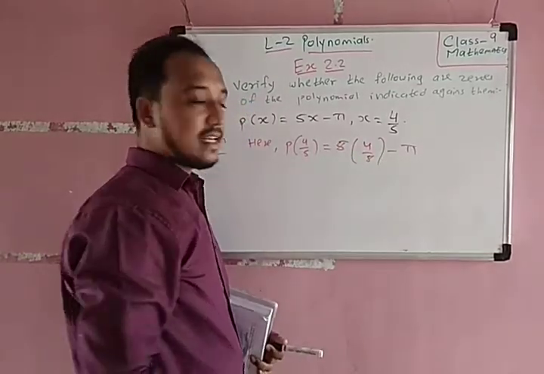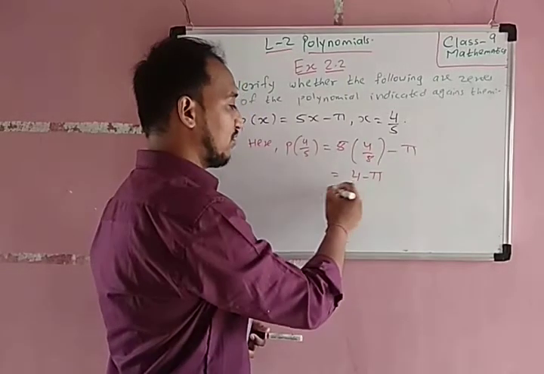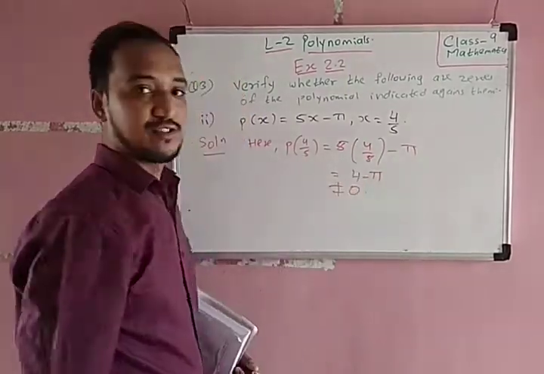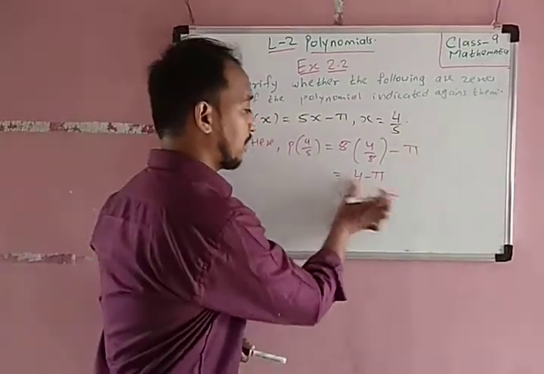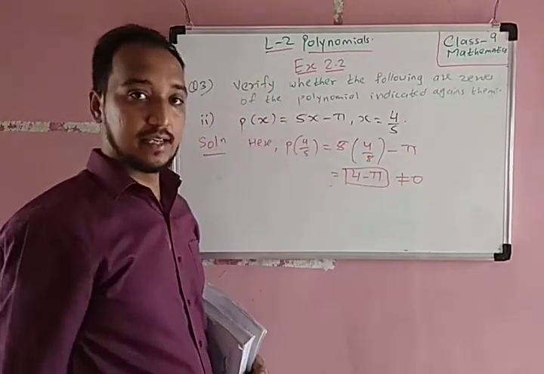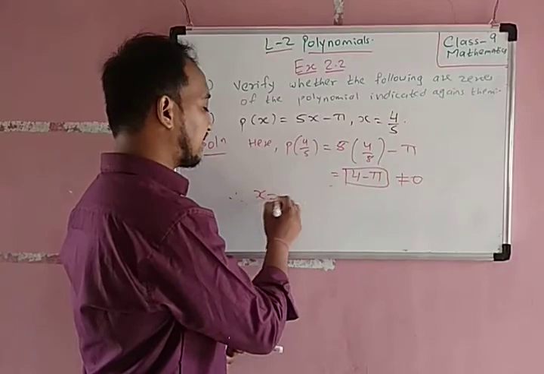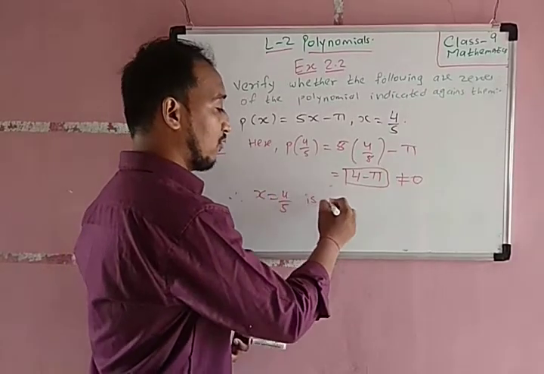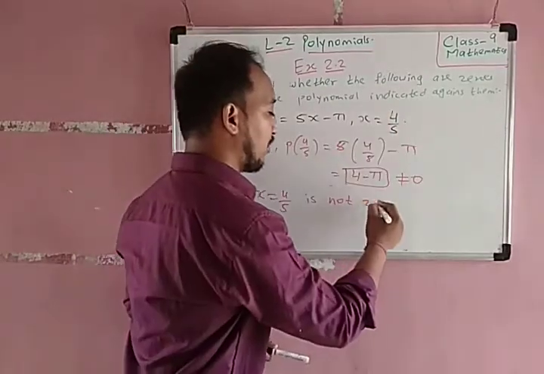Here 5 cancelled out. So the answer is 4 minus 5, which is not equal to 0. See, here we are not getting the answer 0. So therefore I can say that this point x equals 4 by 5 is not a zero of the polynomial.